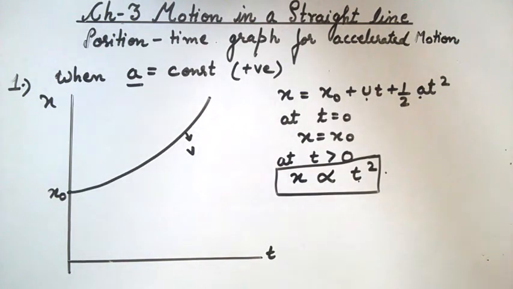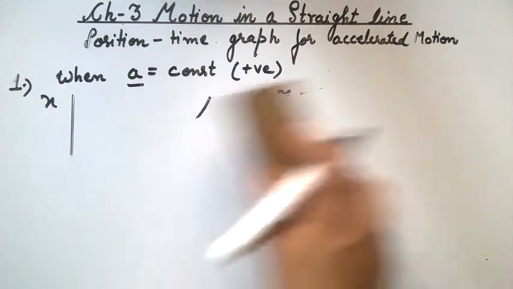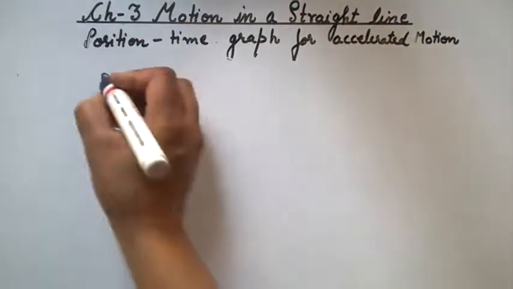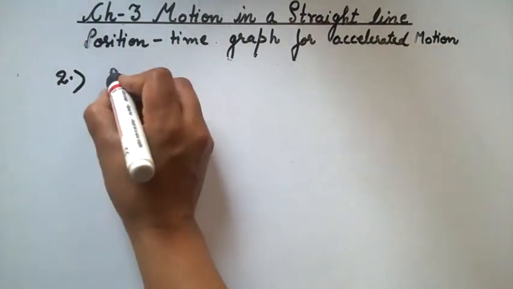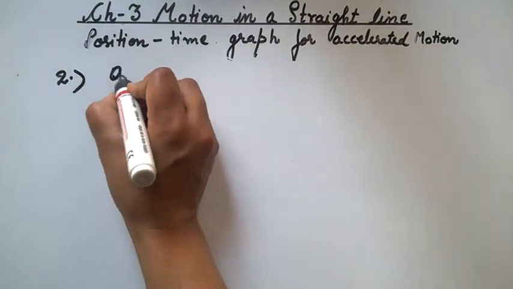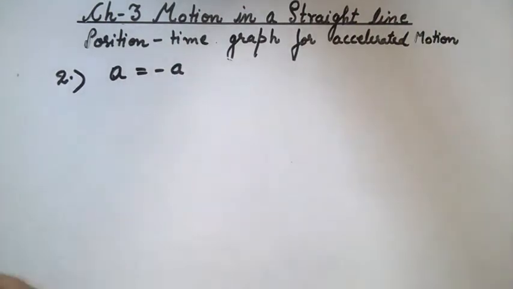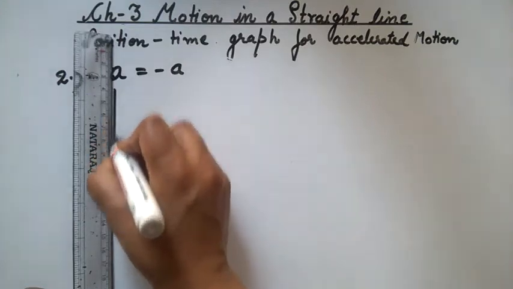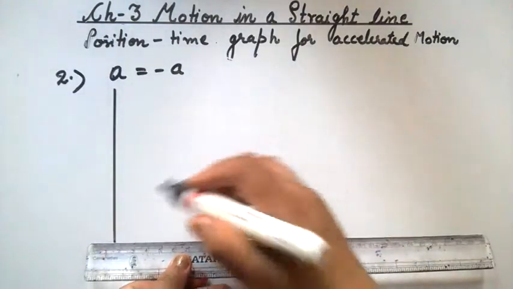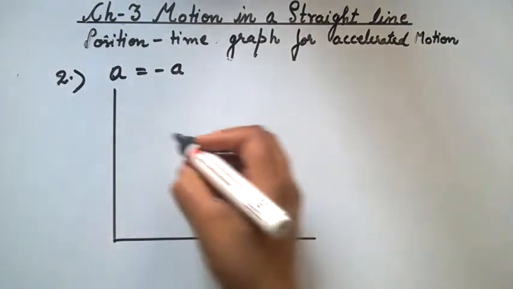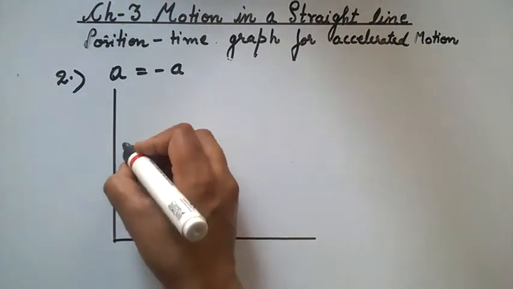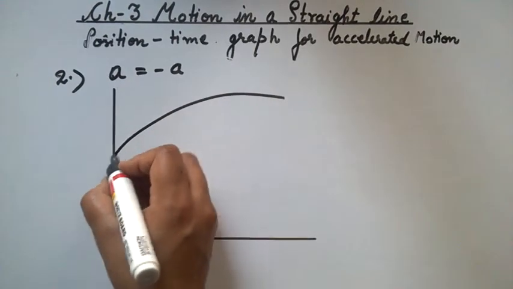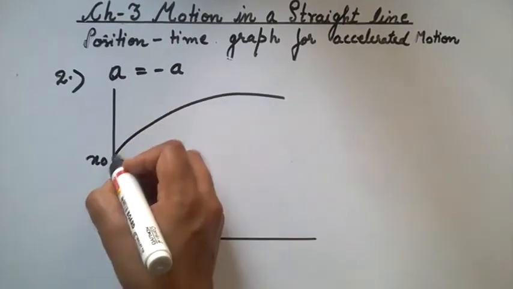Next graph is when the object is moving with negative acceleration. Then there is a retarded motion and it also has some initial velocity. So the graph will be like this, with x naught position.